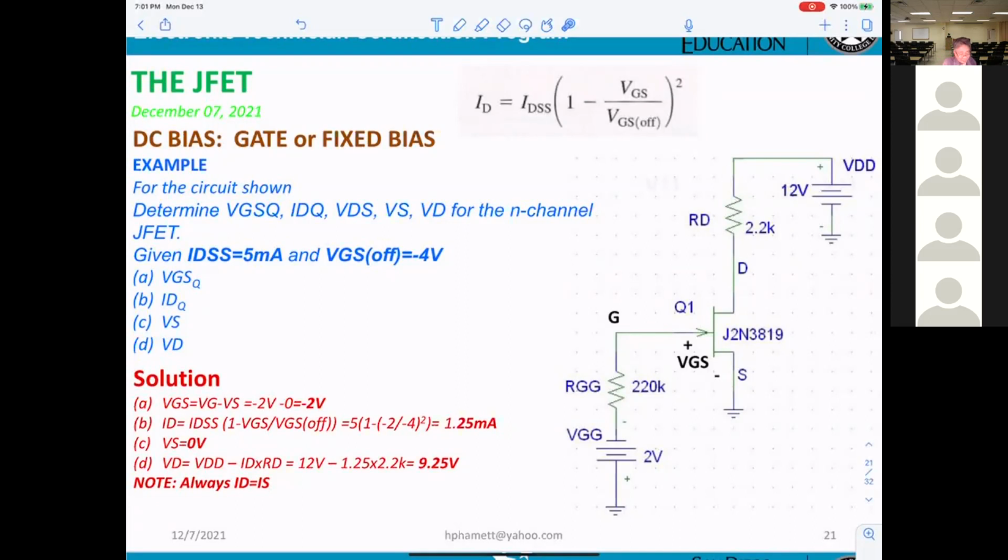They want to calculate the VGSQ at a certain point, IDQ at a certain point. And in general, you calculate the VDS, VS, VD. They given to you IDSS equal 5 milliamp and VGS off equal minus 4 volt.